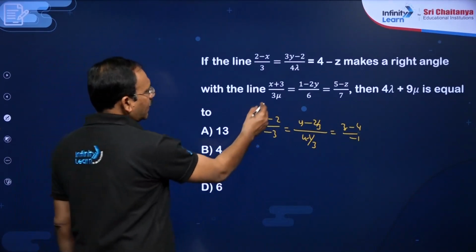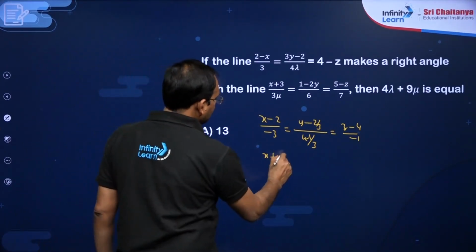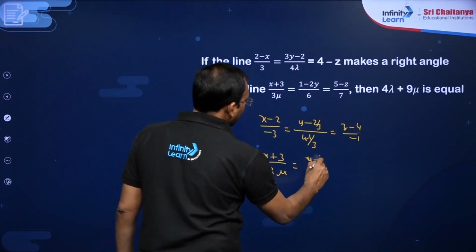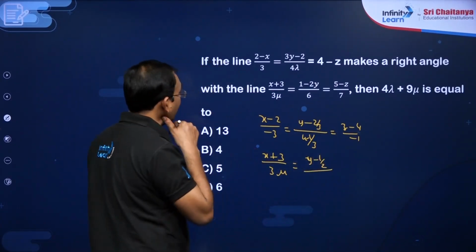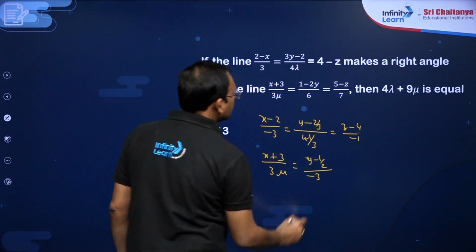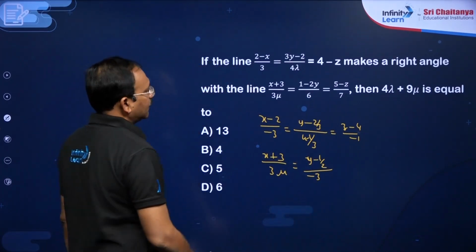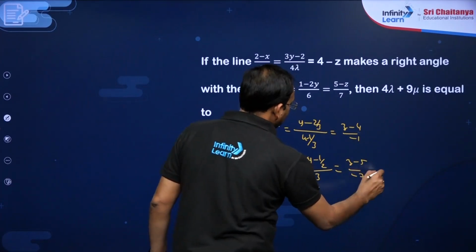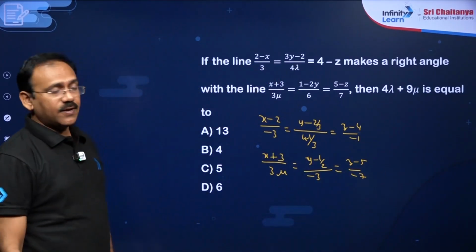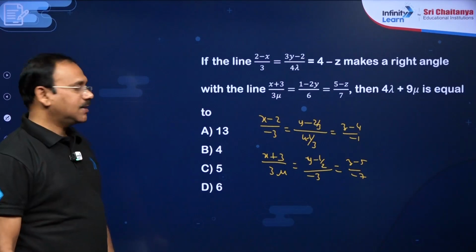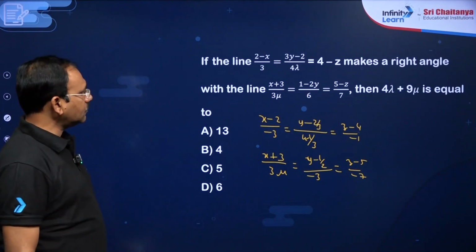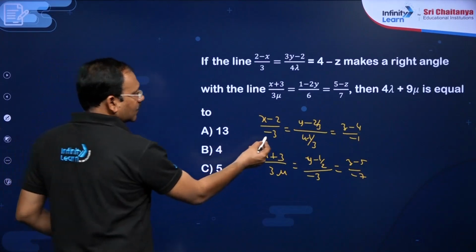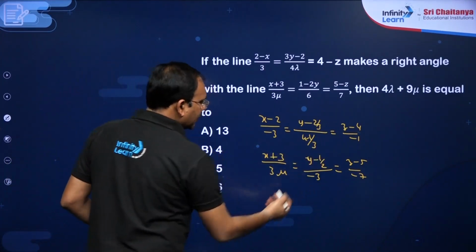You see, now the equation of the line is in a stable way. Next, the second one also: x plus 3 by 3 mu is equal to y minus 1 by 2, divide with minus 2, my dear friends, this is minus 3, is equal to z minus 5 by minus 7. These are the two lines, dear friends. If two lines are at 90 degrees, it means the vector parallel to the first line is this, and the second line is this.